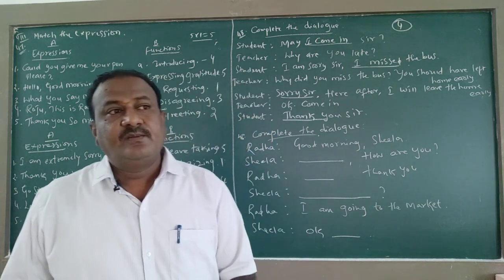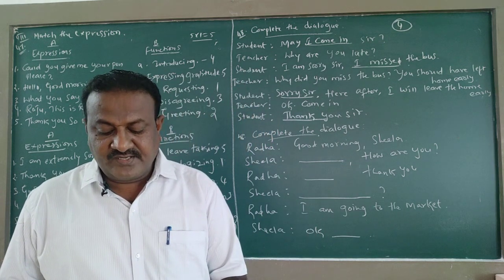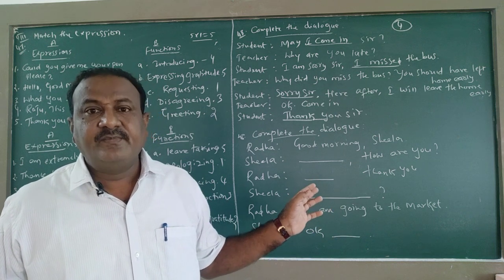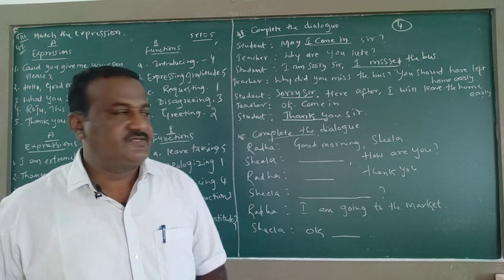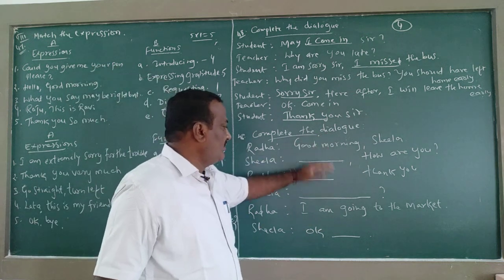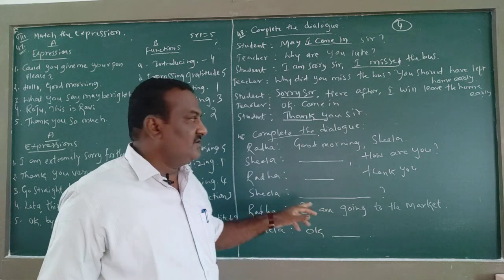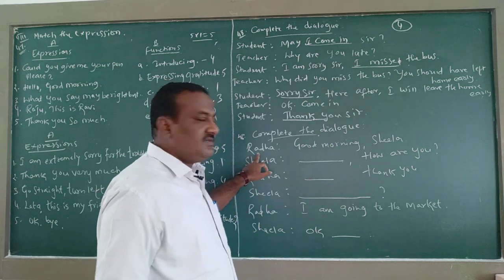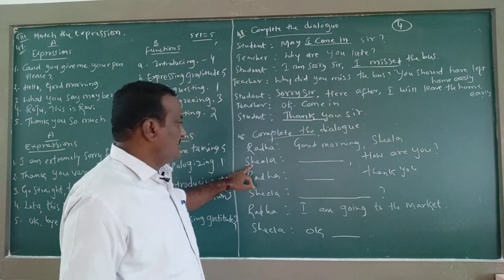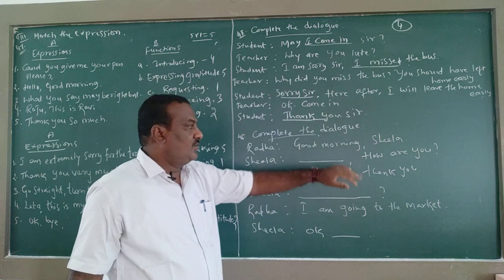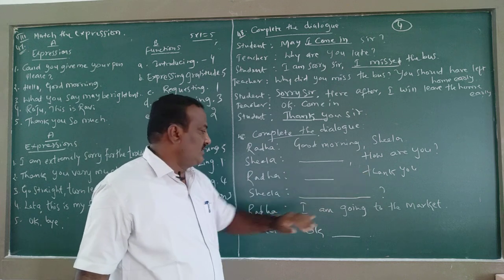See here, complete the dialogue between whom? Friends. Meeting of two friends. Complete the dialogue, meeting of two friends. Radha and Sheila. Radha: Good morning Sheila, dash, how are you, dash, thank you.